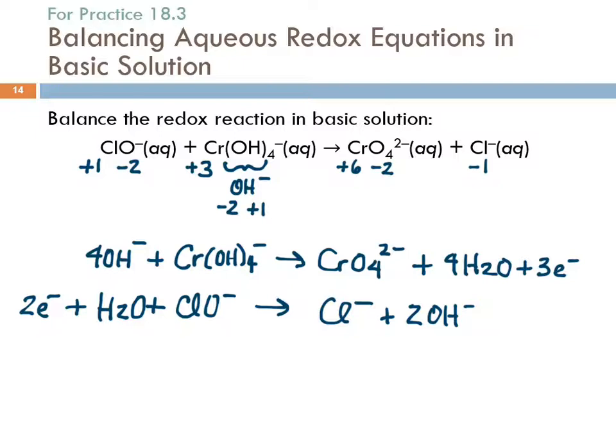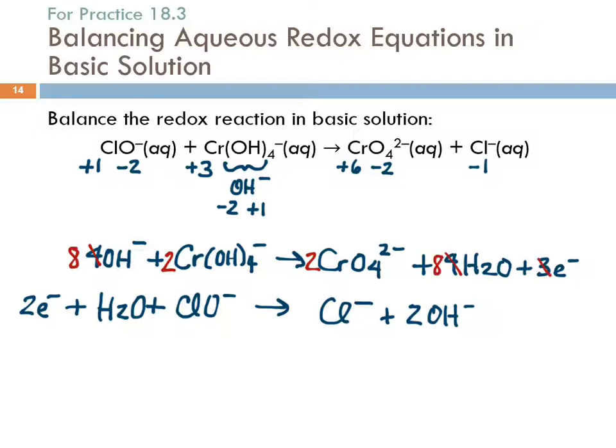So we got 3 electrons in the first half reaction, 2 in the second. And so we need to make that 6 for both. So I'm going to multiply the top reaction by 2. So this 4 becomes an 8. And I'm going to put a 2 in here and a 2 in there. This 4 becomes an 8.